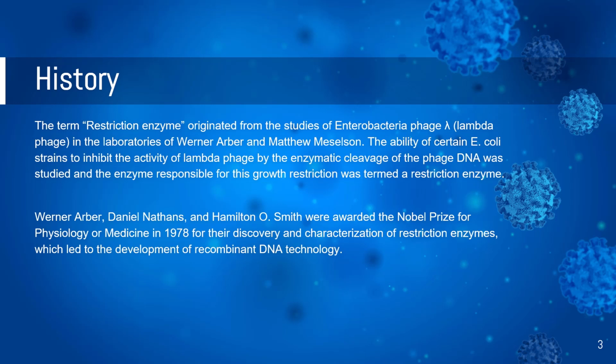Werner Arber, Daniel Nathans and Hamilton O. Smith were awarded the Nobel Prize for Physiology or Medicine in 1978 for their discovery and characterization of restriction enzymes, which led to the development of recombinant DNA technology.